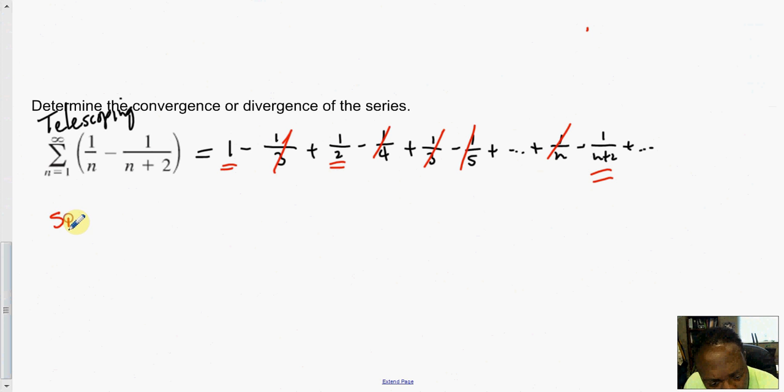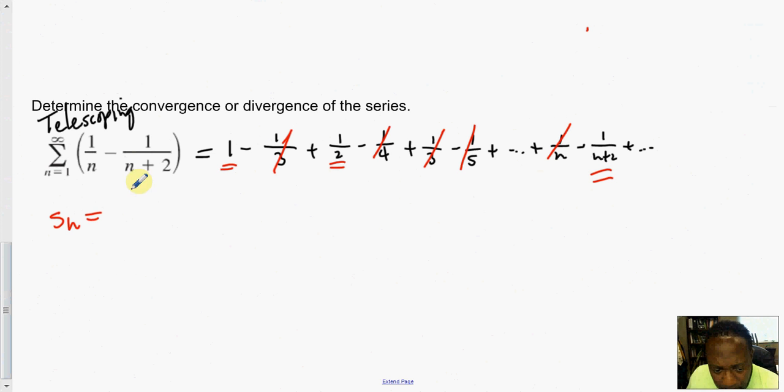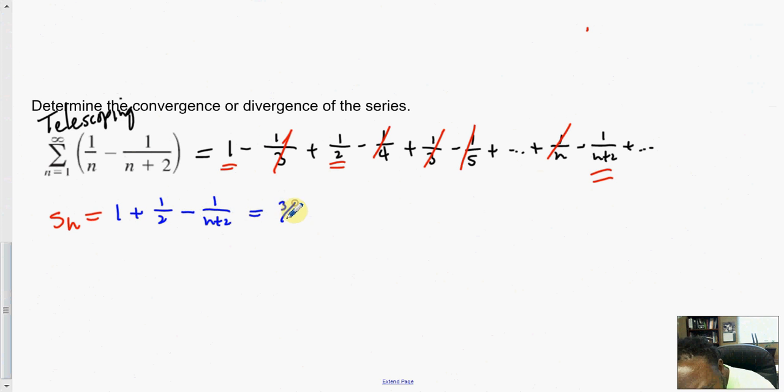So S sub n, red is not good, red is on base 1. Okay, so this is 1 plus 1/2 minus 1 over n plus 2. So this is equal to 3 over 2 minus 1 over n plus 2.